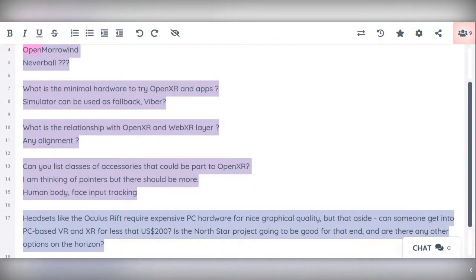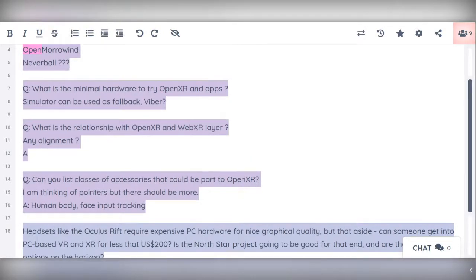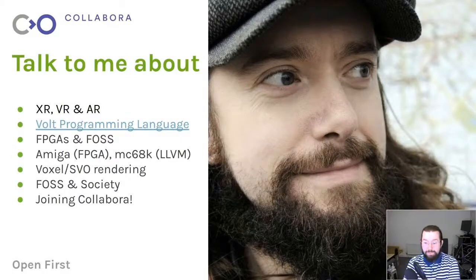But the North Star is good because it will hopefully lower the barrier of entry, and it also allows us to actually be in the game, so we can, using only open source methods, experiment with OpenXR or AR in general.